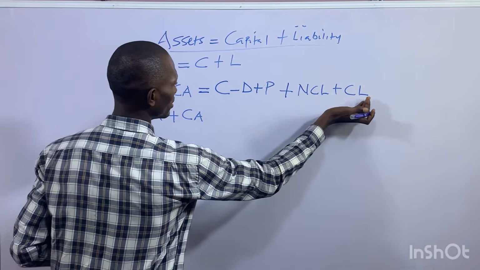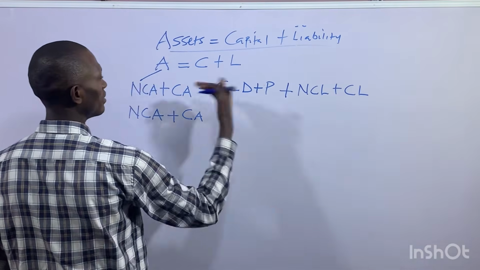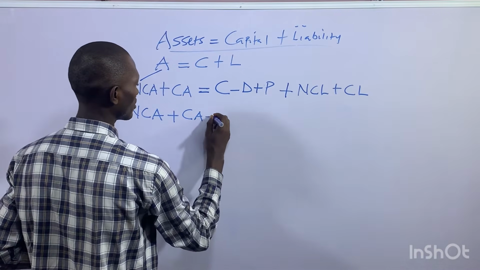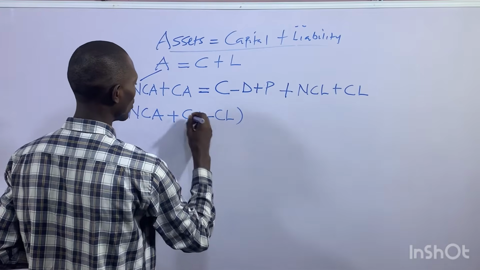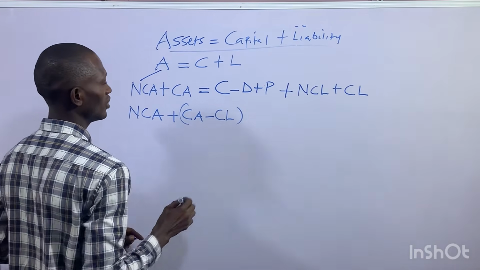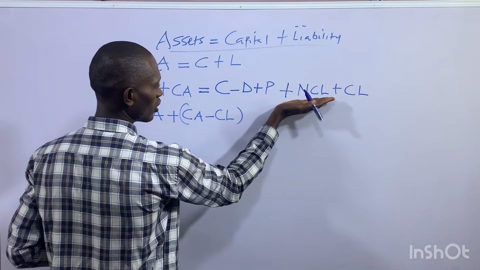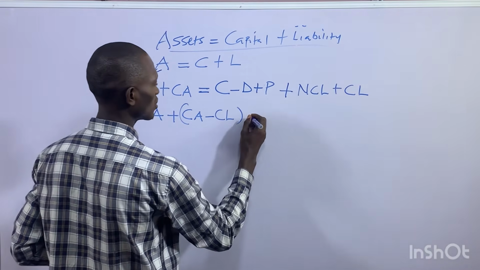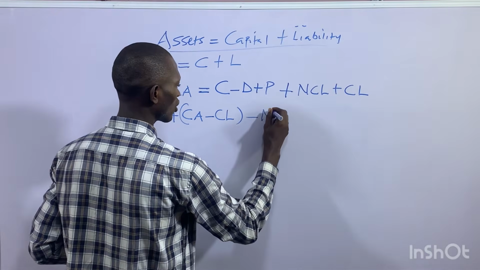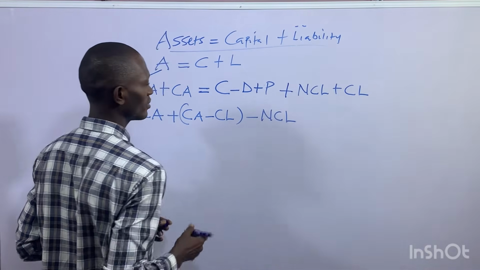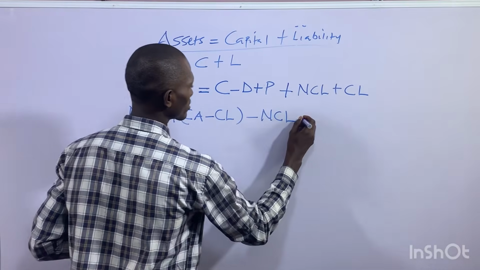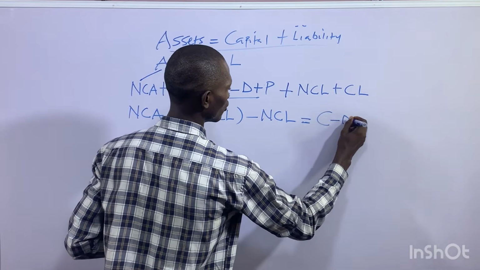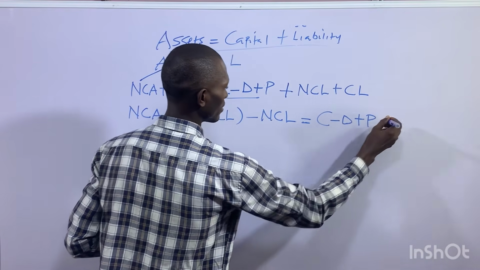Then we bring this current liability to this side. From plus, it will change to minus. So we have minus current liability. So we put it in brackets. Then this non-current liability, we bring it to this side. It will also change from plus to minus. So we have minus non-current liability. Then equals, we have capital minus drawings plus profits. That's what we have.